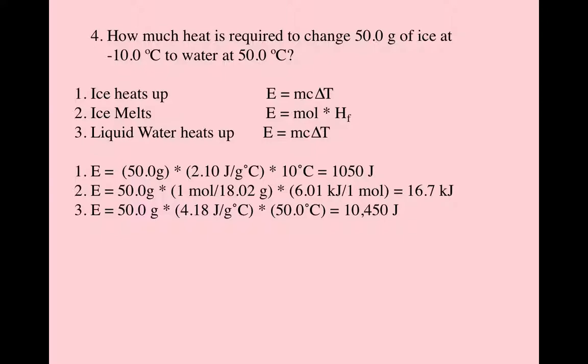But you've got to be very careful. We don't have the same units over here. When we do q equals mc delta T, we get joules, or we could get calories, but that's inconvenient because when we do the phase change steps, we're always going to get kilojoules. So we want to get joules for steps 1 and 3, kilojoules in step 2. We've got to get those units on the same page. My recommendation is to put everything into kilojoules for these types of problems.